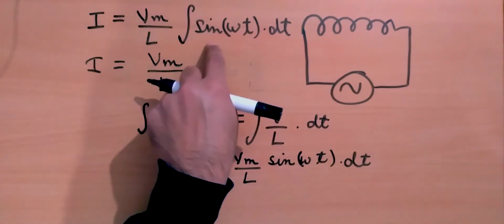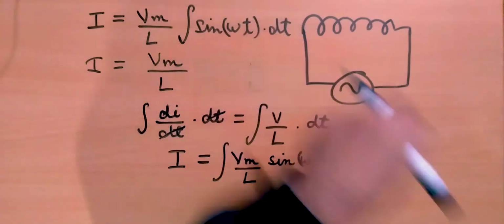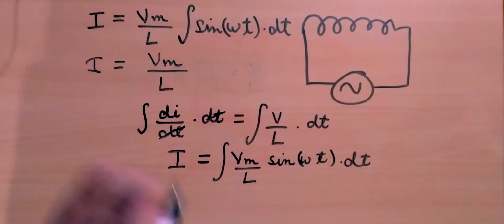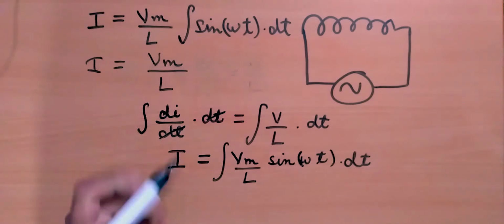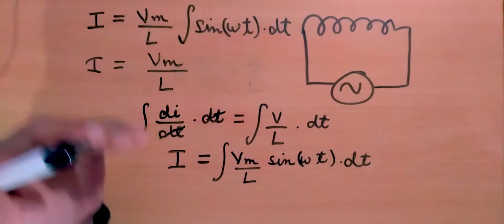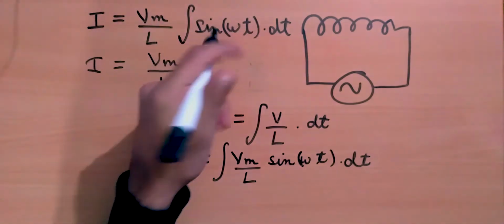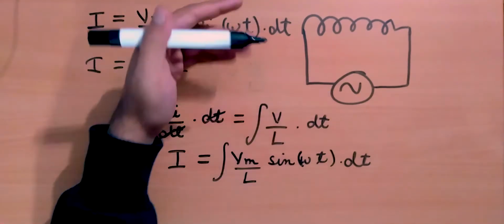Now, the integration of sine of something with respect to dt would be... I won't get into the details of it, or else it might confuse you. Some of you are not so comfortable with integration, and those of you who are can understand this nicely, but I won't get into the exact steps here.